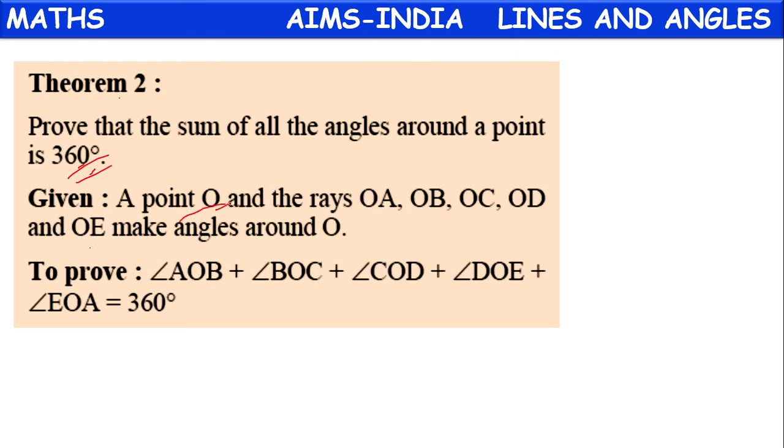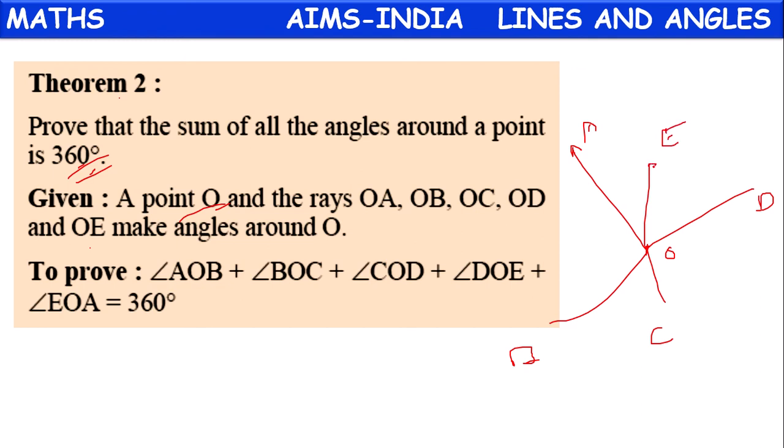So given point O, we have to assume point O. From point O, we have rays OA, OB, OC, OD, OE, like that, 5 rays. We have to prove the sum of AOB, BOC, COD, DOE, EOA, the sum of all angles around O, is equal to 360 degrees.